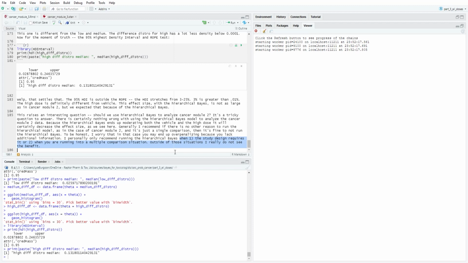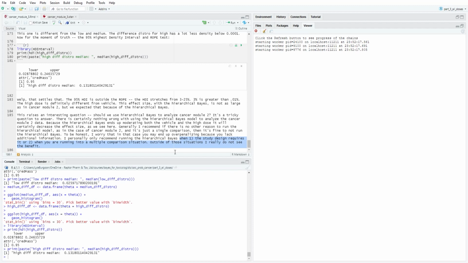It is not uncommon in a treated versus vehicle situation, where it's just one comparison, to not run the hierarchical Bayes. And I think there's very good evidence for us not to do that. So that's where I fall on that particular issue.